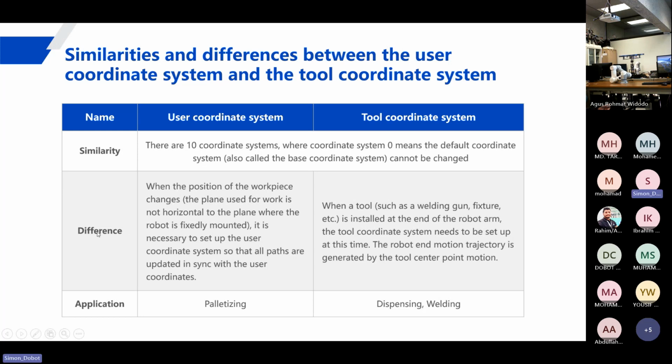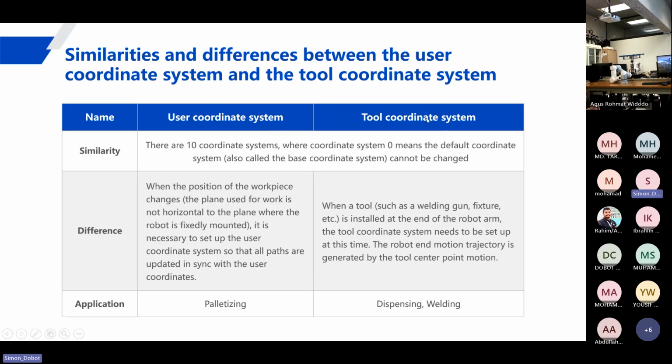When will the user system be used? When you need to create your own user coordinate, depending on the application scenario. For example, for palletizing, you can define your own coordinate system, with one corner of the pallet defined as the 0 point. So the other points will be easy for you to teach.